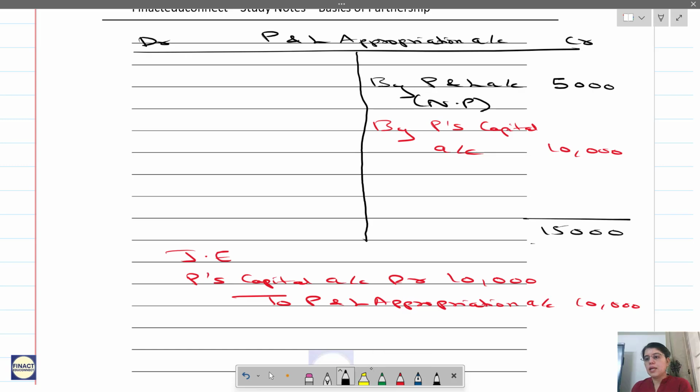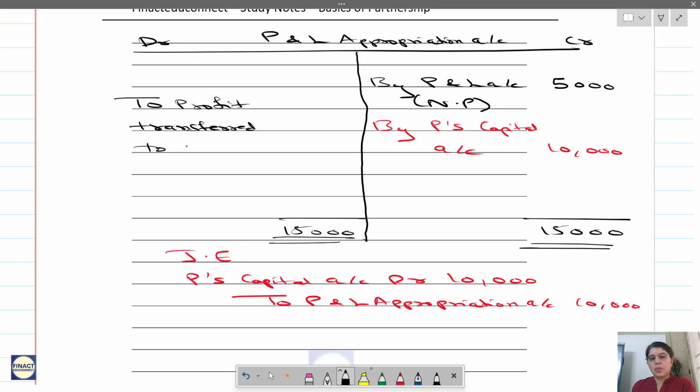So after this what do you do? This is 15,000, then profit transferred to partners' capital. So who are the two partners? P and Q, right?